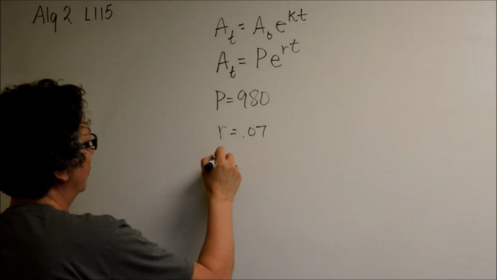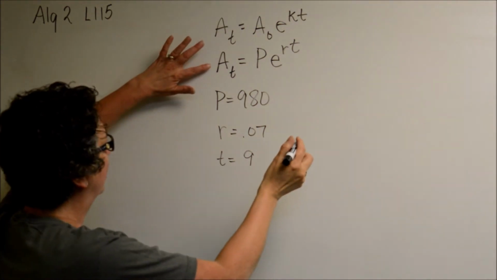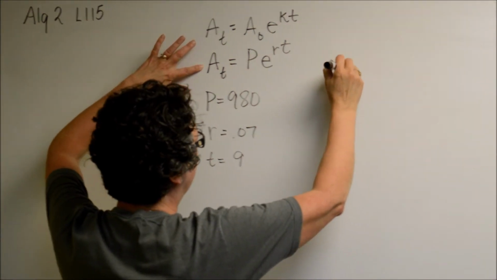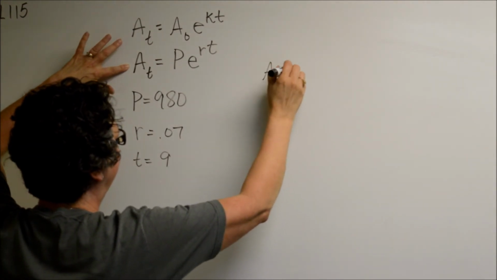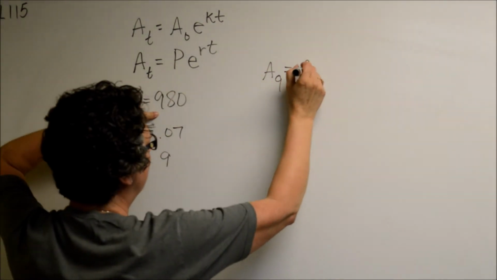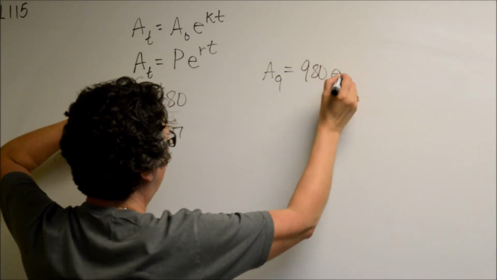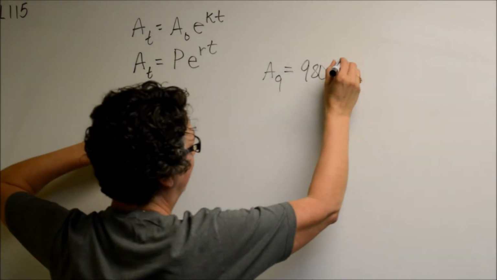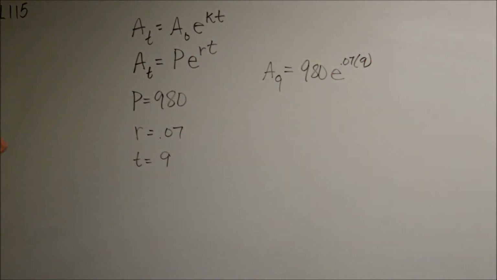So our t is going to be 9 in this case. So we're going to use our pattern here. So A sub 9, the amount after 9 years, is going to be what we started with, the $980, times e to the 0.07 power times 9 years.